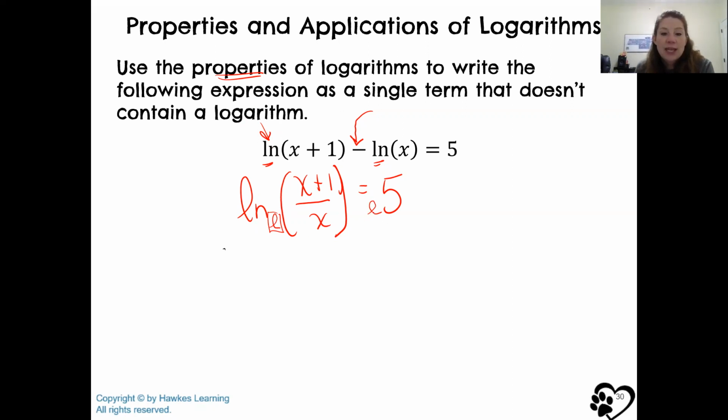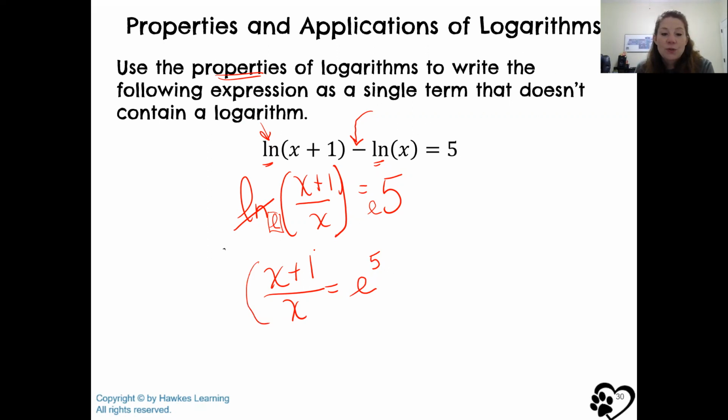So once I think of this as the ln of e, the ln of e is 1, so that basically gets canceled. And all it means on this side is that I am going to use my calculator and figure out what the natural e to the 5th power is. Okay, and I'm going to do that in my calculator eventually, but not right now. I'm going to wait because I want to end up with x on one side of the equal sign. Okay, well, here's a single x.